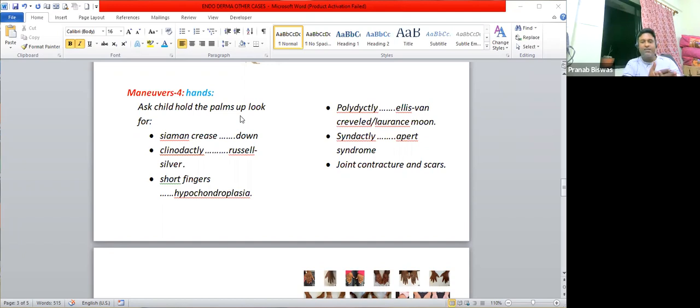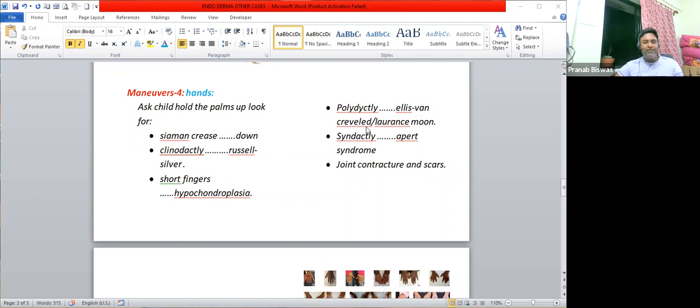That raises suspicion of Down syndrome, so we need to find the clinical findings. A simian crease, single palmar crease, may be there. Sometimes clinodactyly in Russell Silver syndrome, short fingers like in hypochondroplasia maybe.